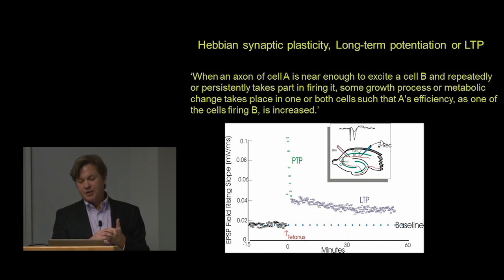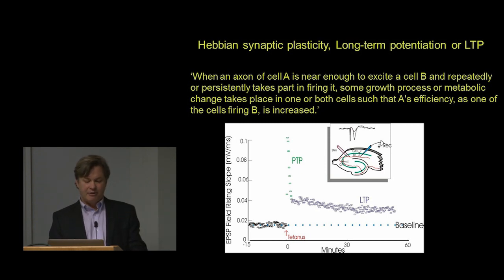But the basic idea of this protocol is that there's a stimulating electrode in a fiber tract right here, and when the axons are stimulated there, without even an intracellular recording, you can record extracellularly the synaptic potentials, essentially, that are evoked by exciting the fiber tract.